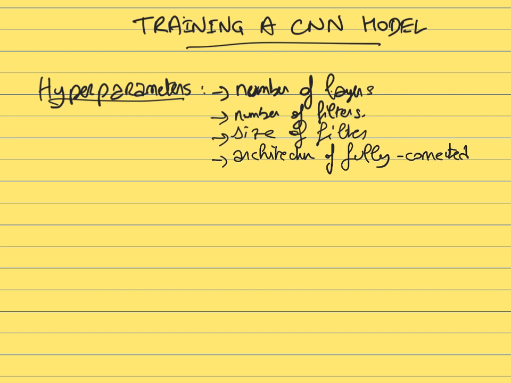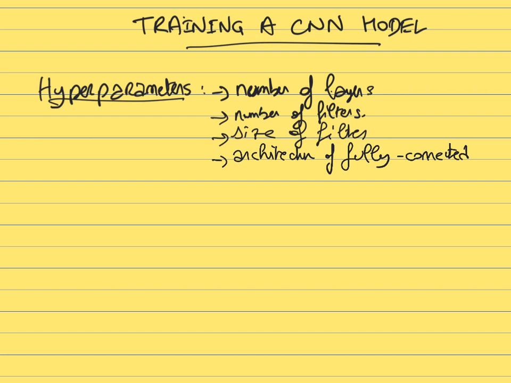They need to be decided at the beginning, and you need to choose wisely the value of those parameters to avoid having a model that is too simple, that would be underfitted, or a model that would be too complex, that would be overfitted. So at this point, it starts to be very, very hard to find the right value of those hyperparameters, because there are so many hyperparameters and they can all play a role.